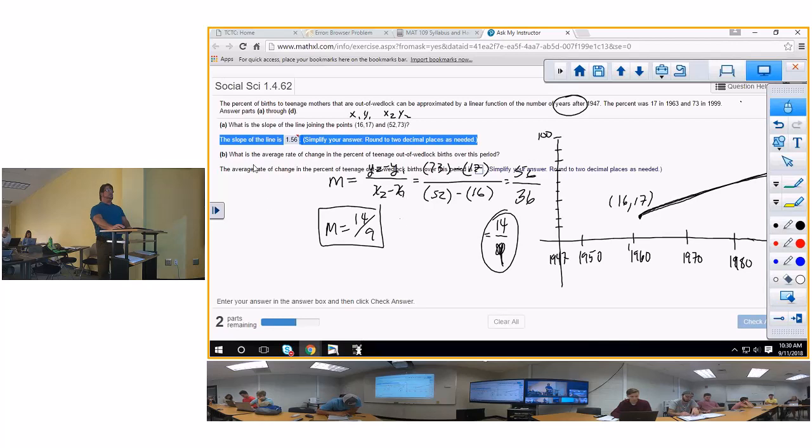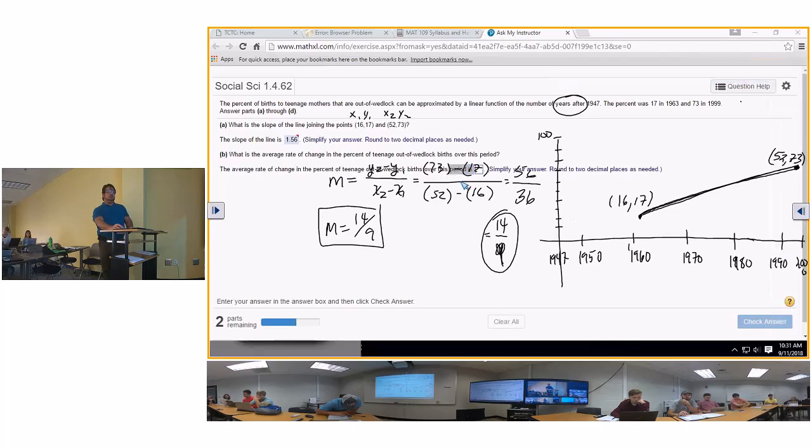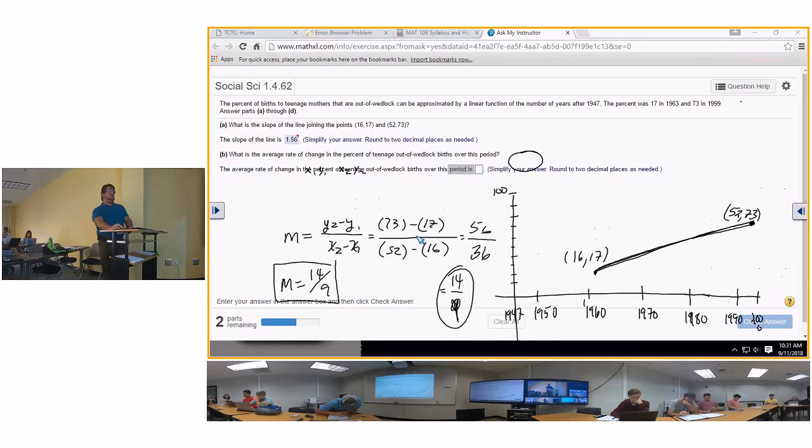It says, write the slope. Okay, it does say round to 2 decimals. I didn't see that. I'm sorry. I'm a guy. I don't read directions very well. Next thing. Let me see what this says. Move this out of the way.